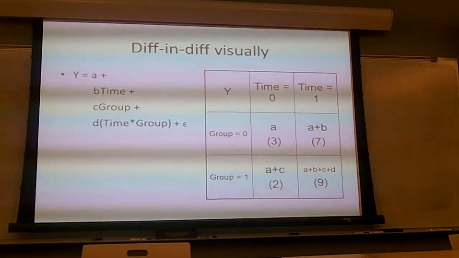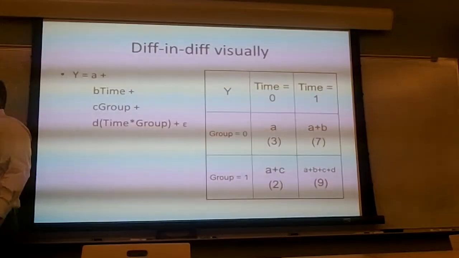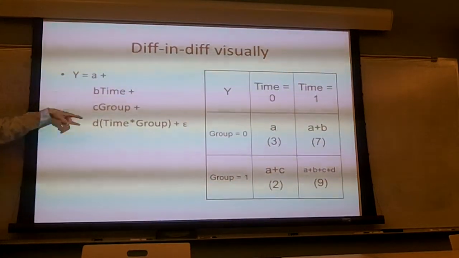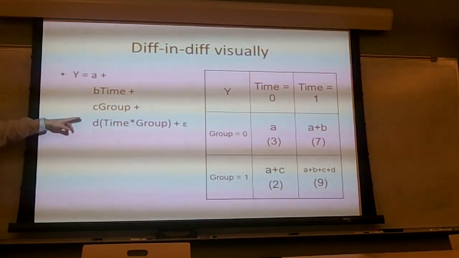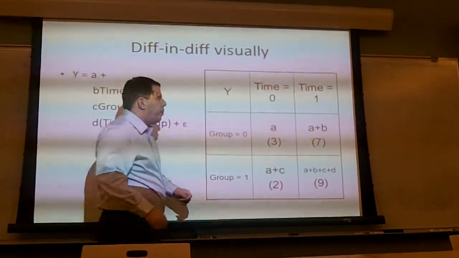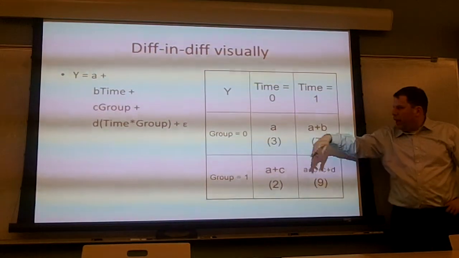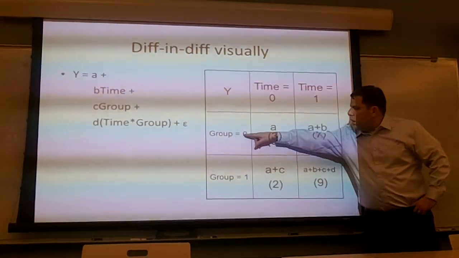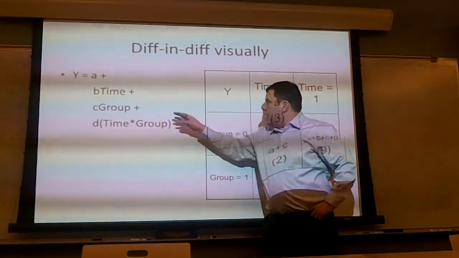Here I wrote the model specification in terms of A, B, C, and D, where A is the intercept, B is the coefficient main effect on time, C is the main effect on group, and D is the interaction term, or difference in difference. And then I superimpose these things into our little grid. So what we see here is that when time is 0 and group is 0, the expected outcome is 3.